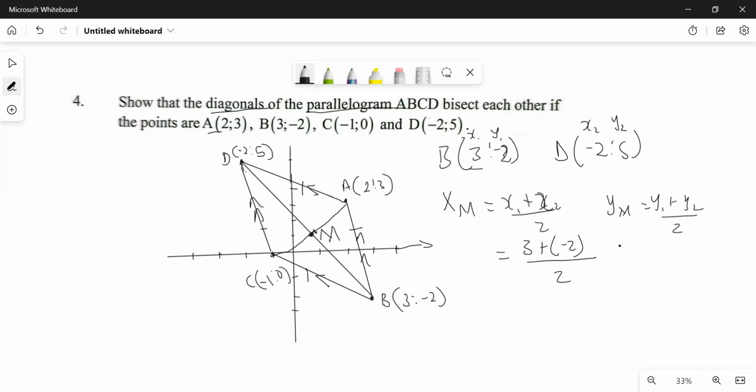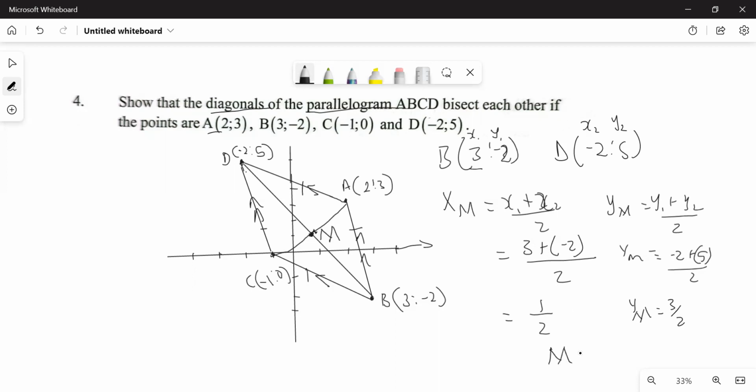And for y of m, it is given by y1, which is minus 2, plus y2, which is 5, divided by 2. If you type this in your calculator, you are going to get 1 over 2 for x of m, and 3 over 2 for y of m.